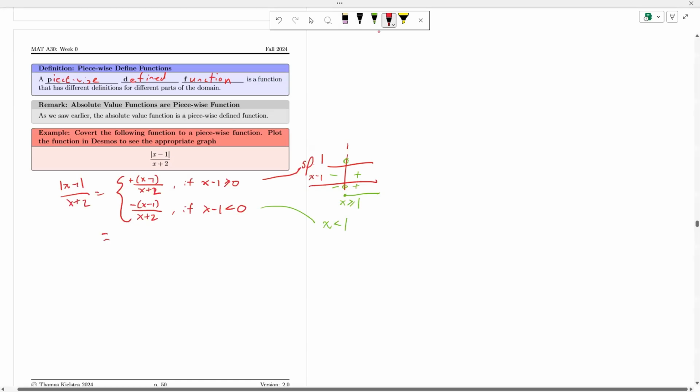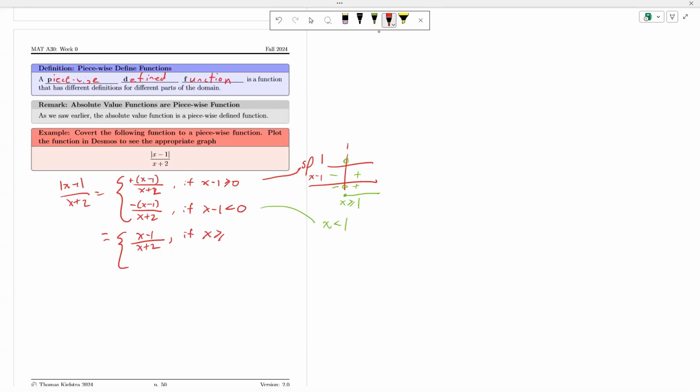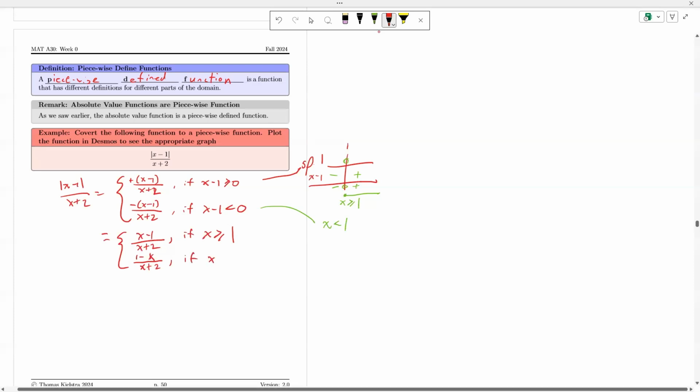So this is equal to the function (x - 1)/(x + 2) if x is greater than or equal to 1, and (1 - x)/(x + 2) if x is less than 1.